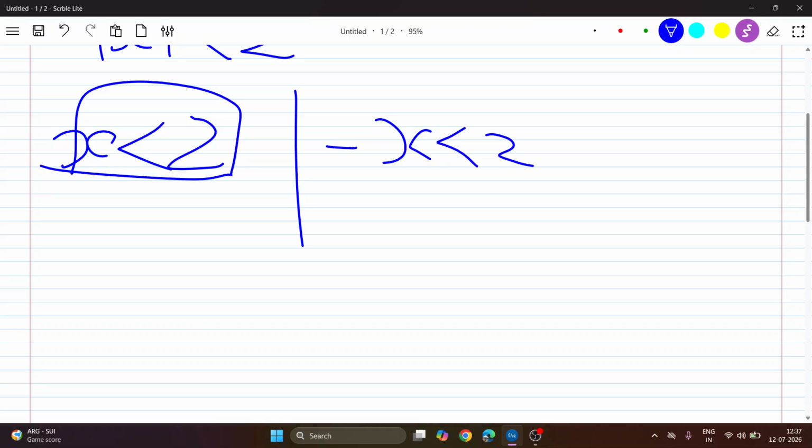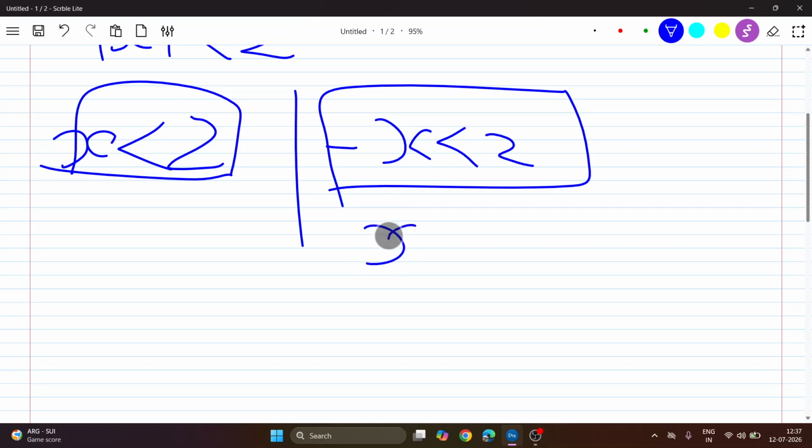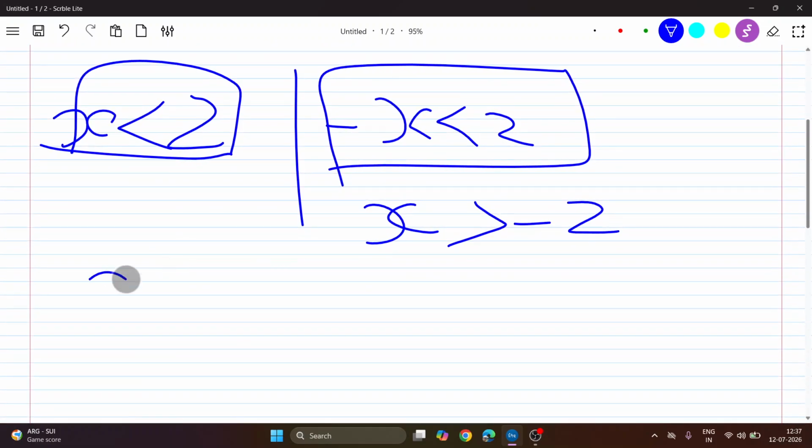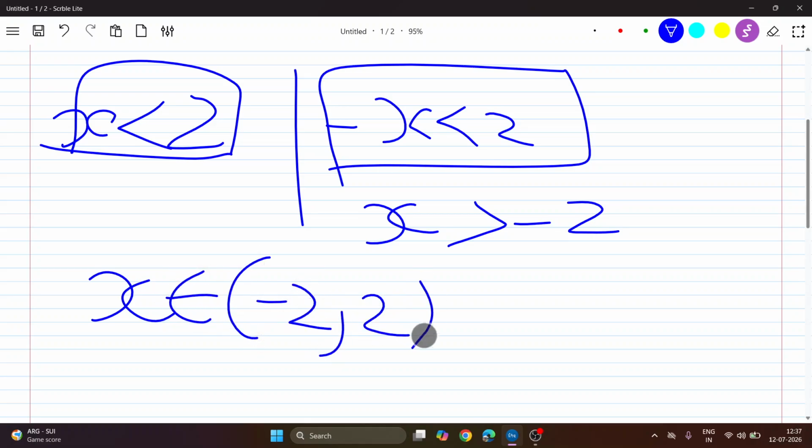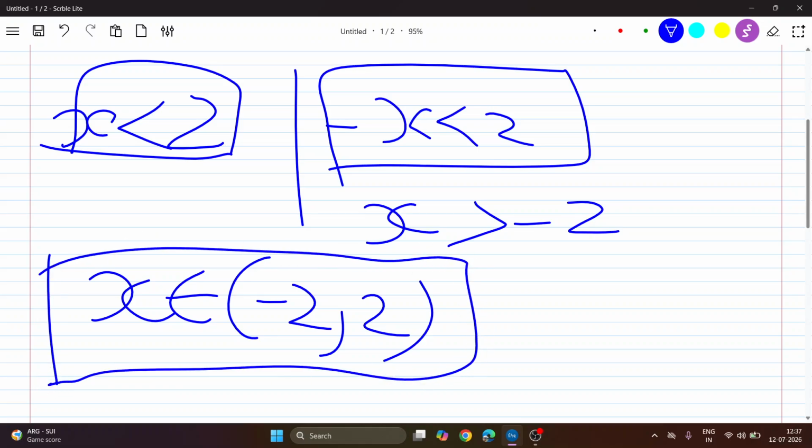So you already got the solution for this? Here, x is greater than minus 2, okay? So this will be your answer.